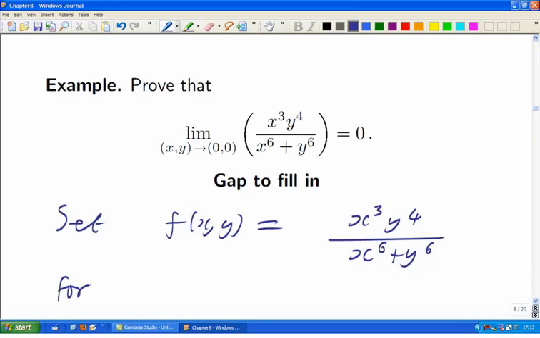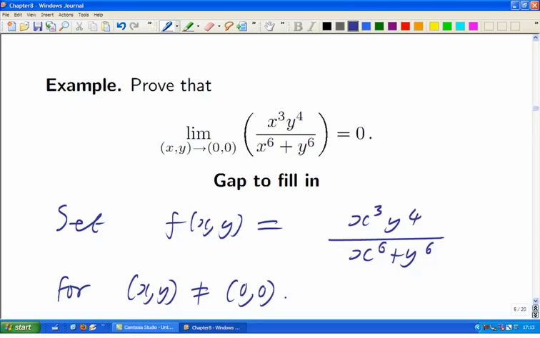And remember, we only have to consider (x,y) which are not both 0. We're not even allowed to consider the point (0,0), which is good because you'd be dividing by 0.